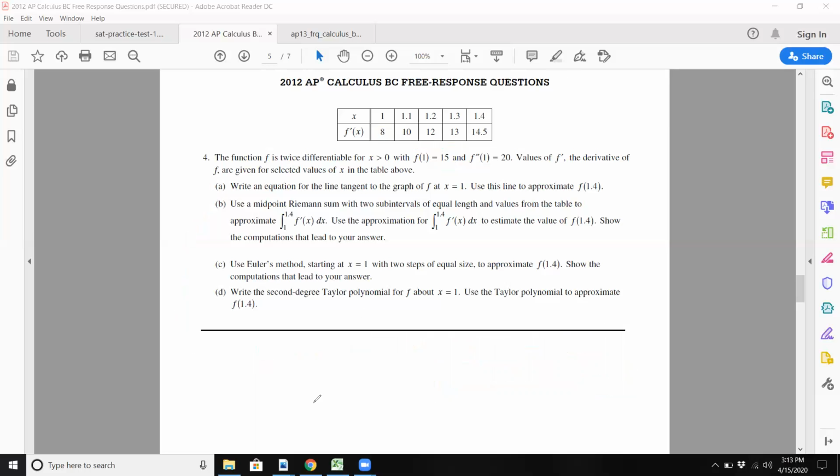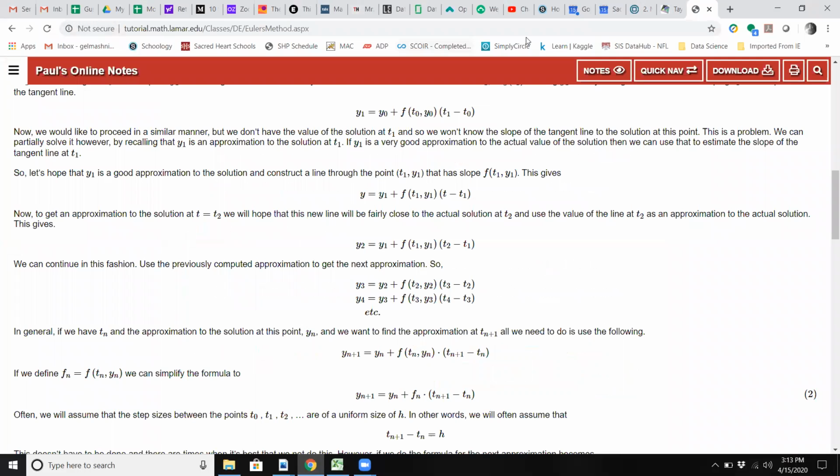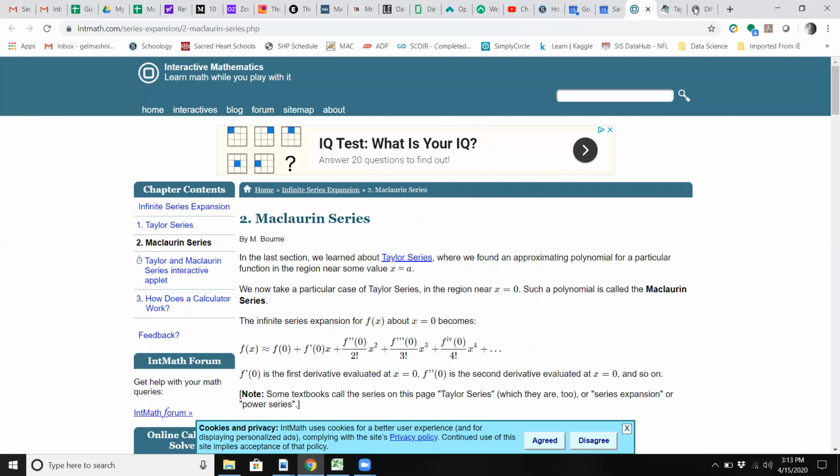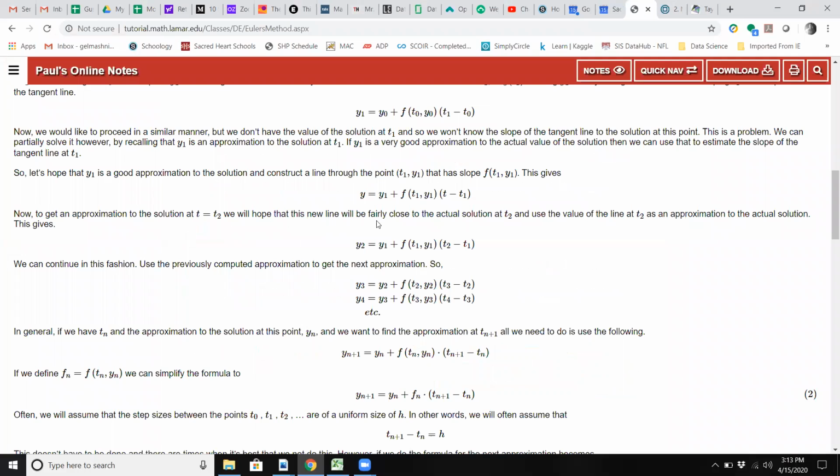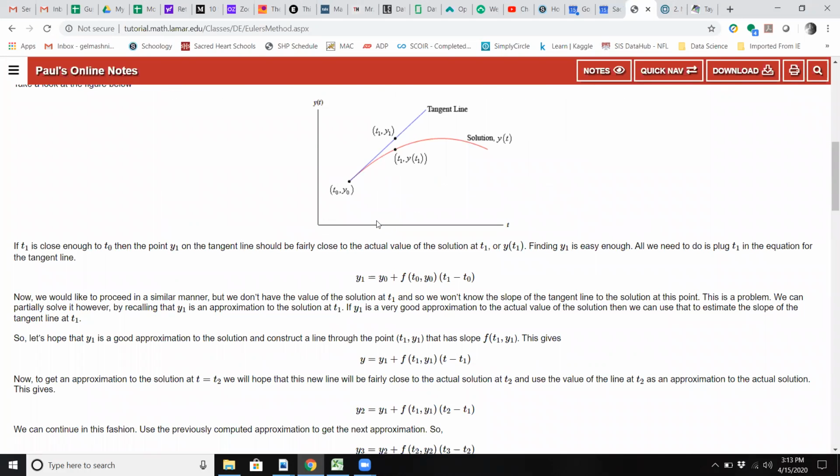So for Euler's method, let me show you a resource in case you guys forgot. And I'll send you guys these resources in a little bit. So here is how Euler's method would work. We use it to help us approximate the value of a function at a certain x value.